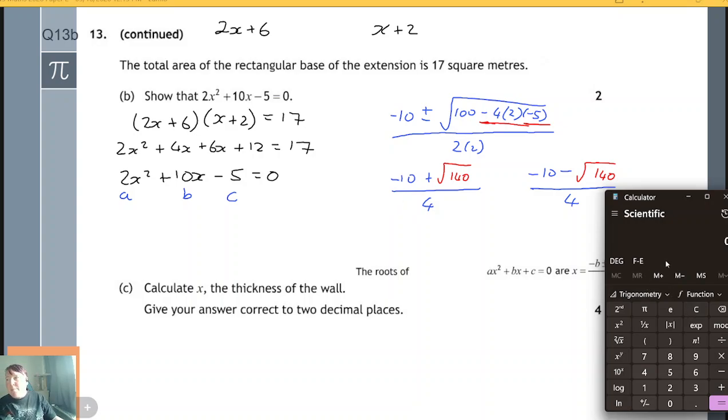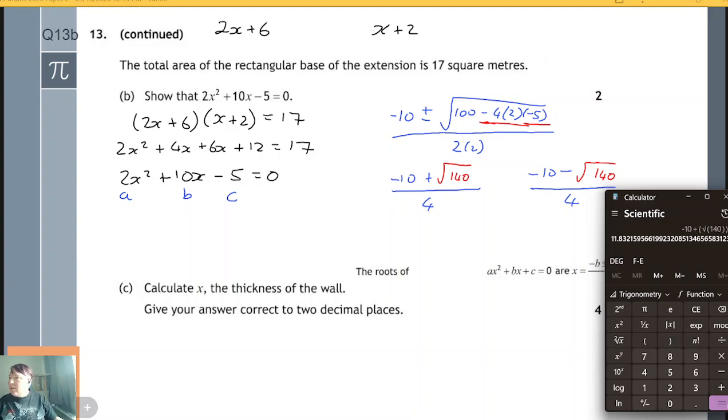Now, I can't type minus 10 into this. I have to type in 10, and then I've got the plus and minus button. A lot of calculators have this button, because it's not the same as doing a subtraction as far as the background working of the calculator is concerned. Right, so we want to do plus, and I want the square root of 140, so I'm going to have to put that into a bracket for this calculator.